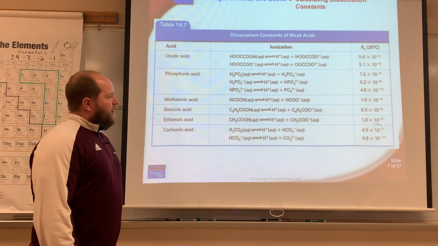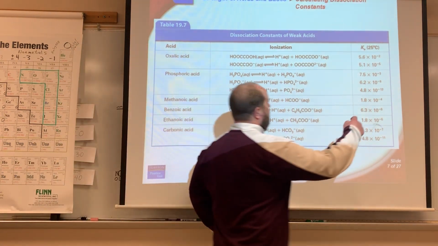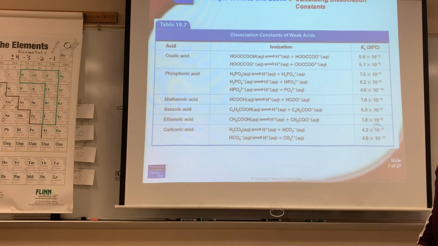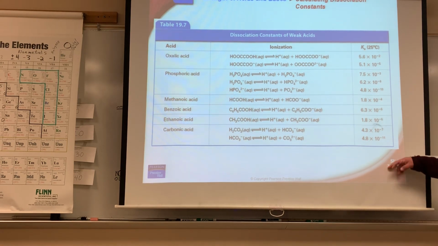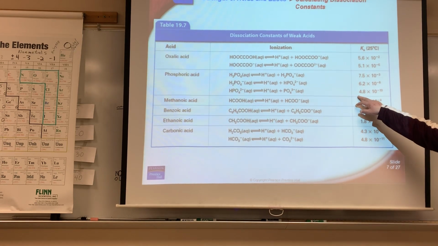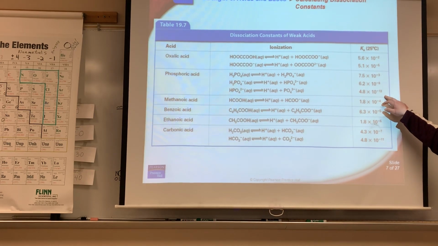If we look at this table, here are some Ka values right here. We should be able to pick out the strongest and the weakest acids from this table. If I'm doing a general scan, double digit, I got this one right here. That's going to be our weakest acid.